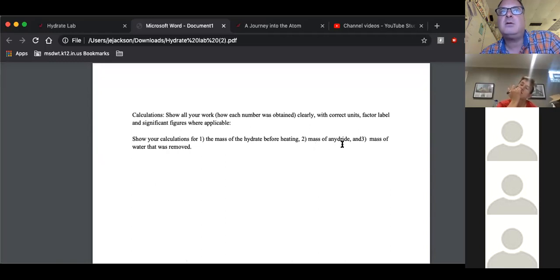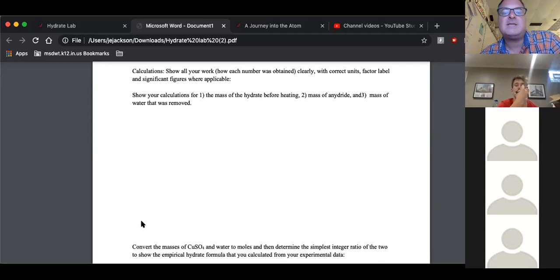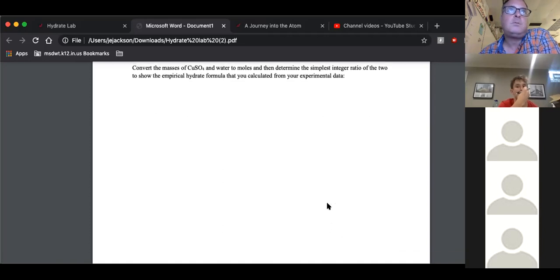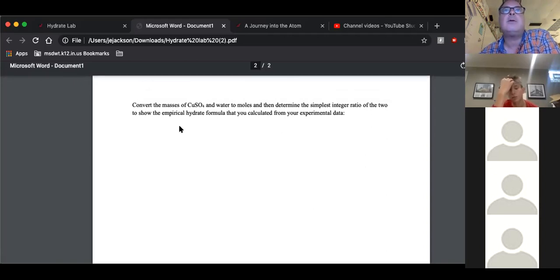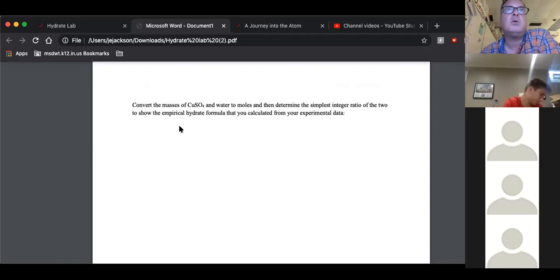Then the mass of the anhydride and the mass of the water that was removed. All those masses that I just talked about, you may want to make that data table I showed you on a separate sheet of paper, or right down here. Afterwards, it says convert the masses to moles. Then determine the simplest integer ratio of the two. And again, as Davis said, the way we do that is we divide by the smallest number of moles.